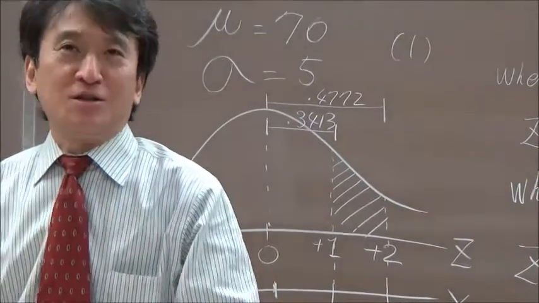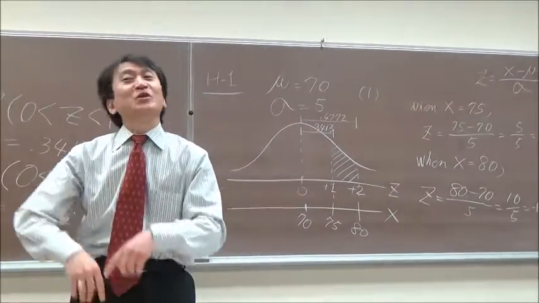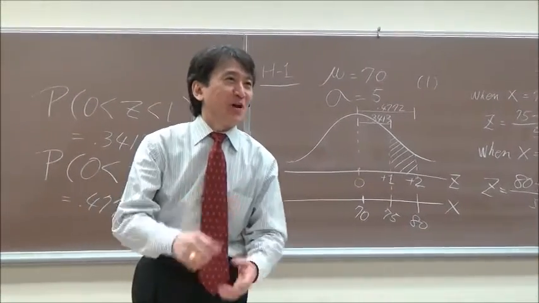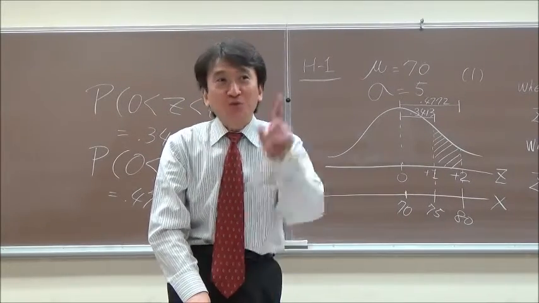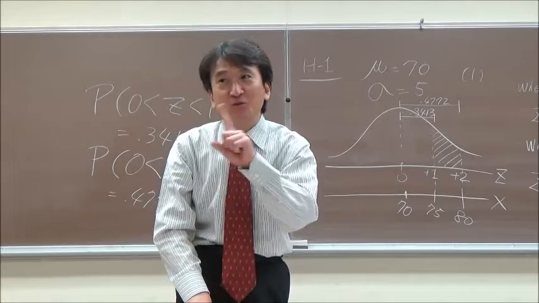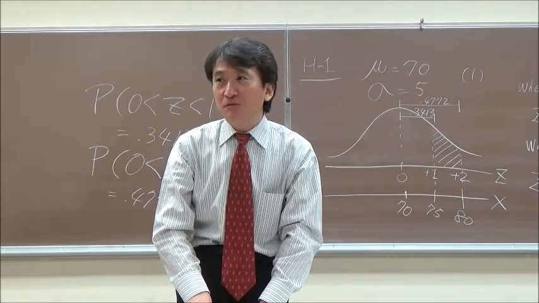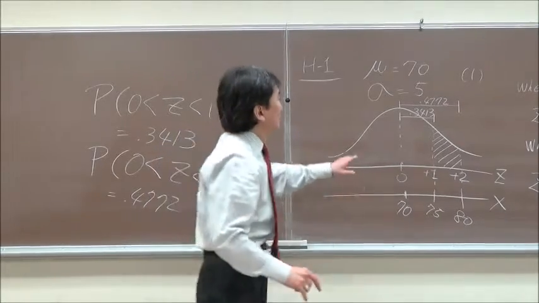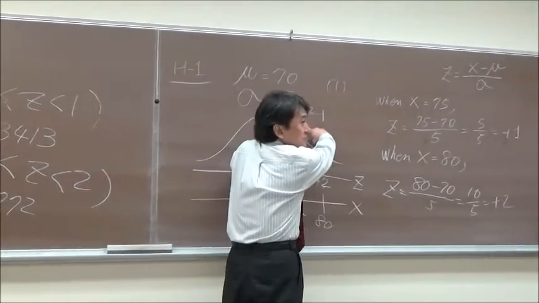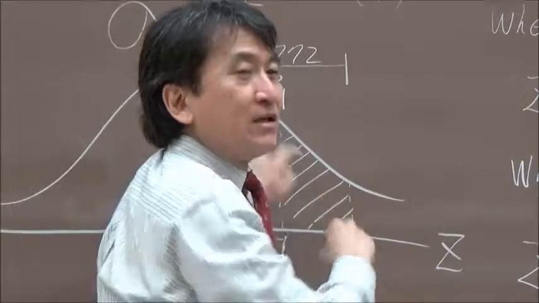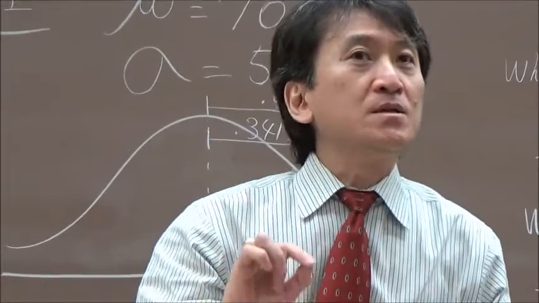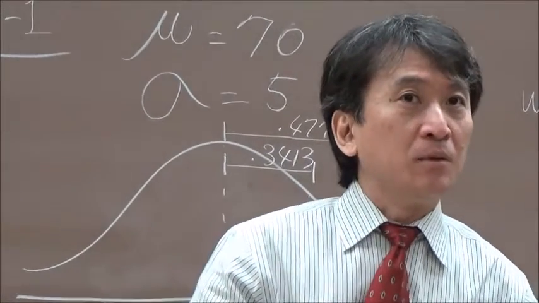Now here's a question. Should we add or should we subtract? Subtract. Very good, subtract. With me so far? Because we are looking for the leftover, am I correct? That's why it's important for you guys to actually draw a diagram.